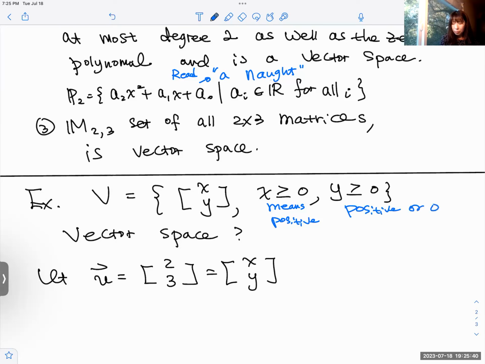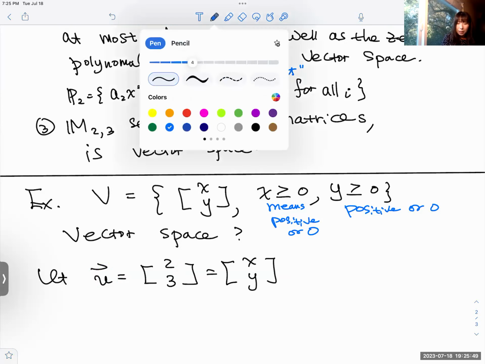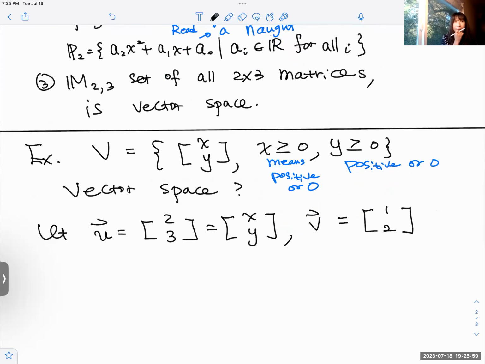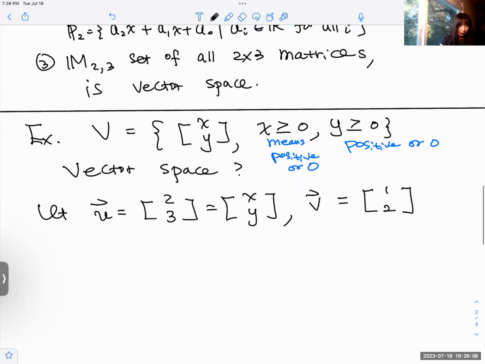So we can have u equal to 2, 3 as a positive pair x, y, and v is 1, 2. Let's show that u and v are closed under addition.